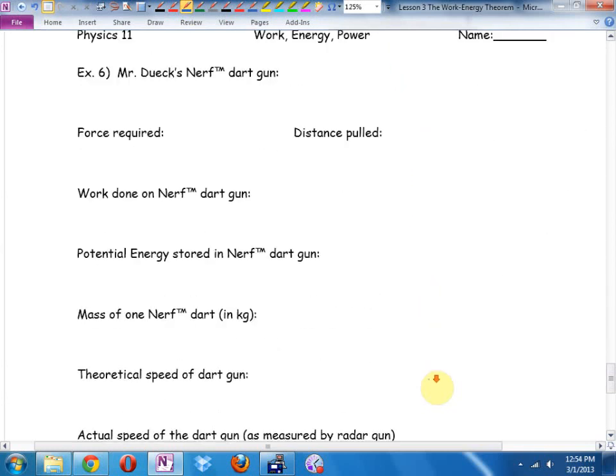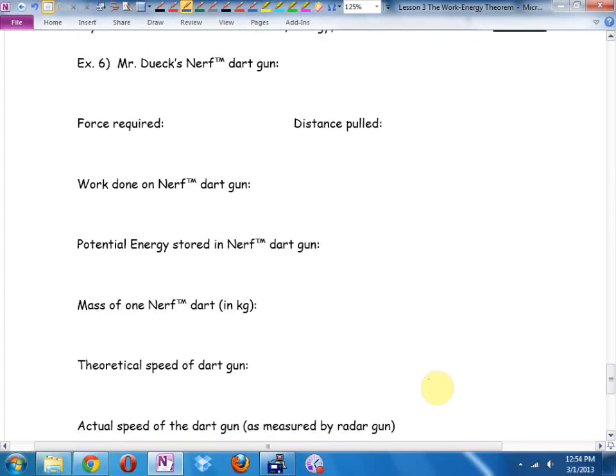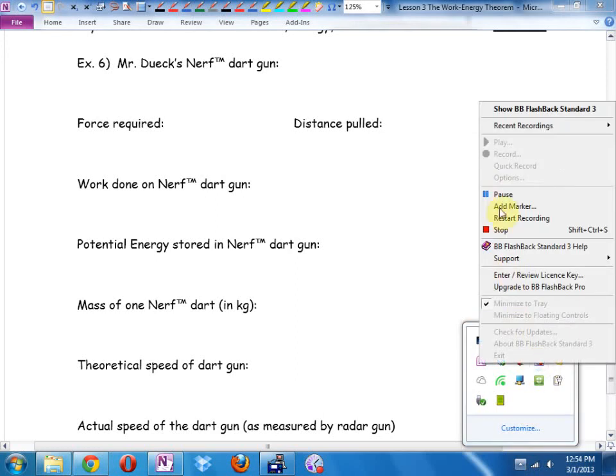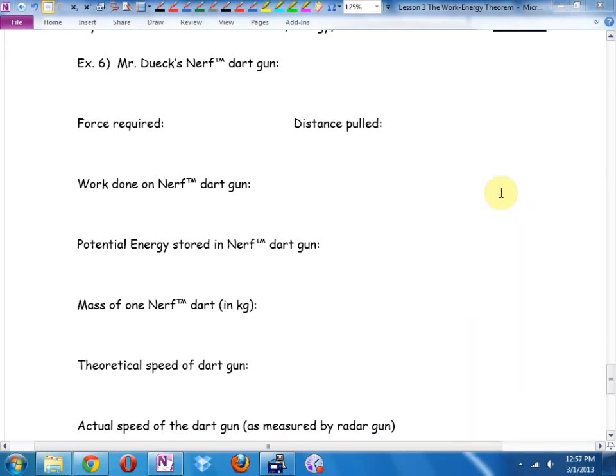So that brings us to Mr. Dewick's Nerf dart gun. Let's analyze it. So the distance we pulled back, Jordan accurately measured. He said that was 0.05 meters.